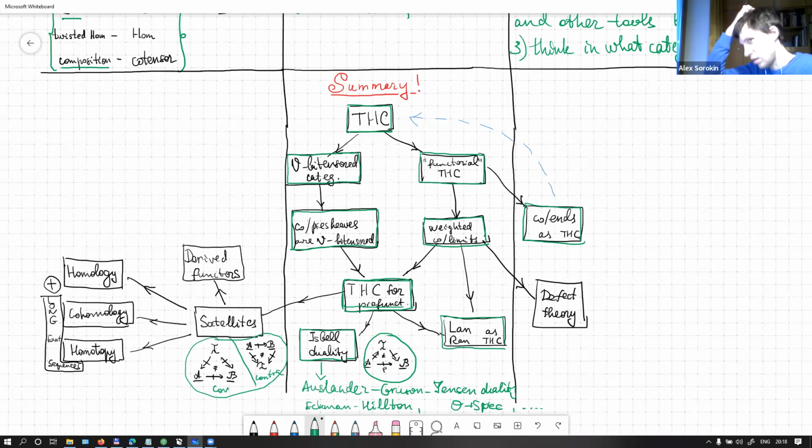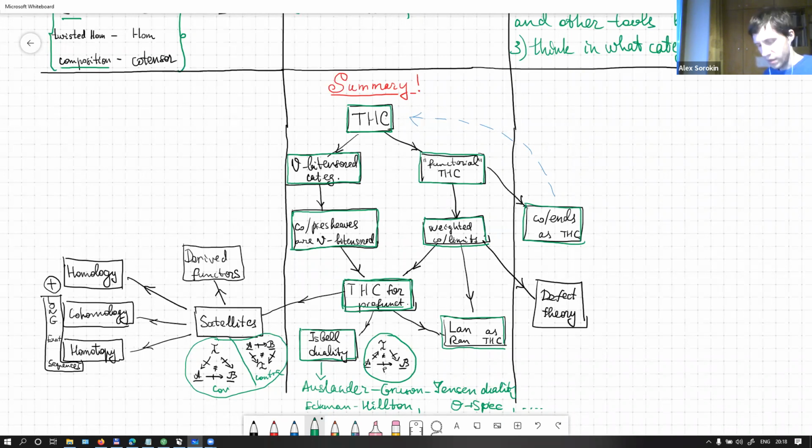Satellites are given in the book of Cartan-Eilenberg, and they serve as certain operations similar to right and left derived functors. And for half exact functors, satellites coincide with the derived functors.